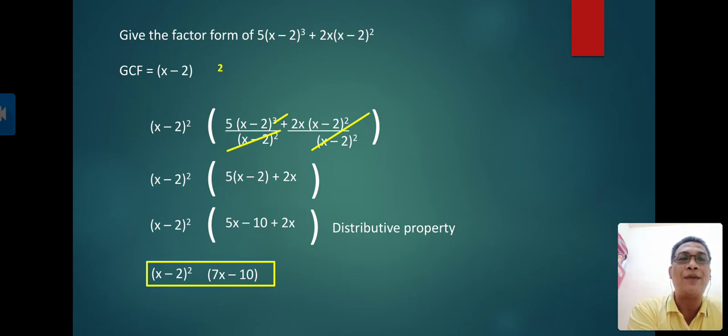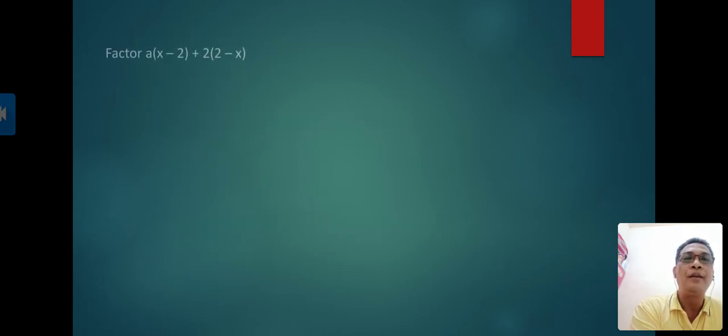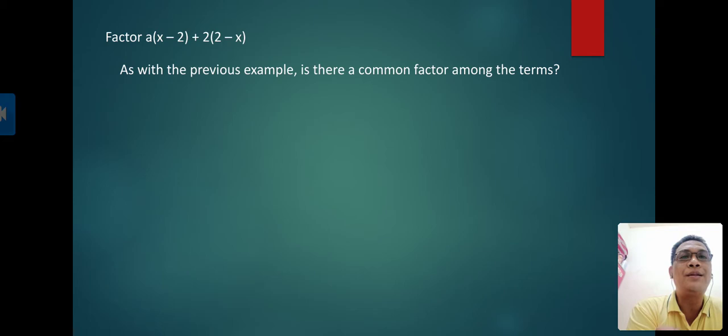So let us try this. Factor a(x - 2) + 2(2 - x). In this example, do you see any common factor among the terms, unlike the previous examples?